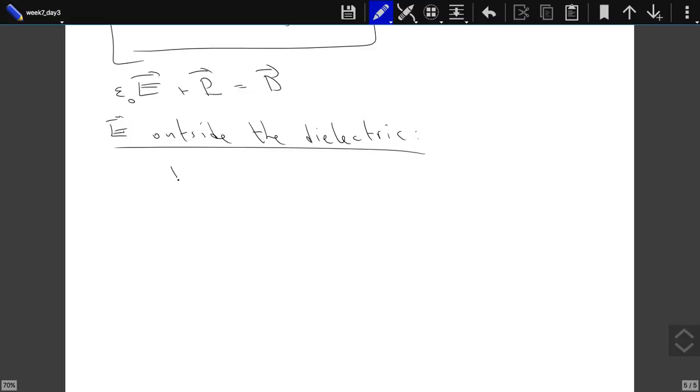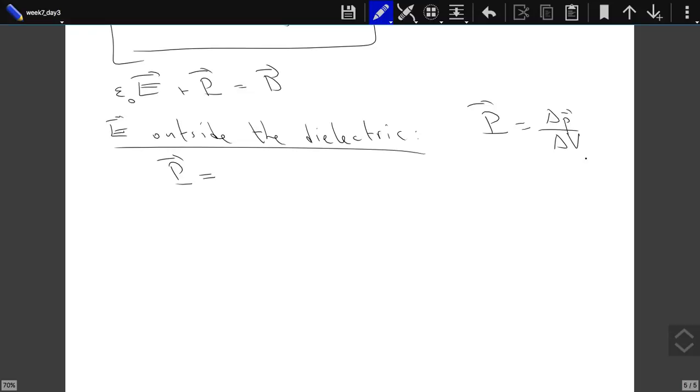what is the polarization outside the dielectric? Remember, polarization is the dipole moment per unit volume. What is the polarization outside our dielectric? So I have this, my wire. At this point, for example, what is the polarization? Well, the definition was the dipole moment divided by the volume.